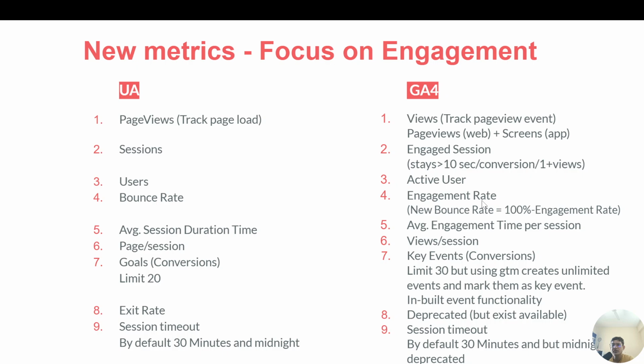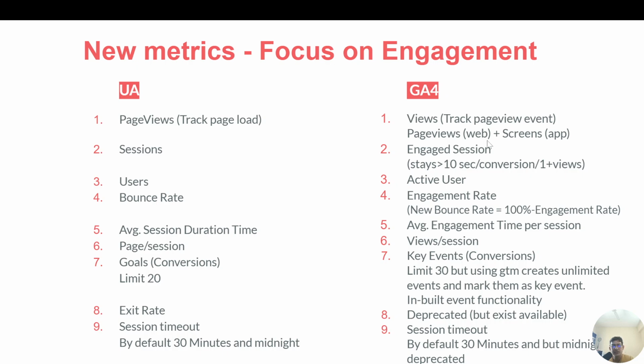So if the engagement rate is 40%, the bounce rate will be 60%. So it's not according to page views, it's now according to engagement. So the opposite of this metric is the bounce rate: 100% minus engagement rate gives the bounce rate.